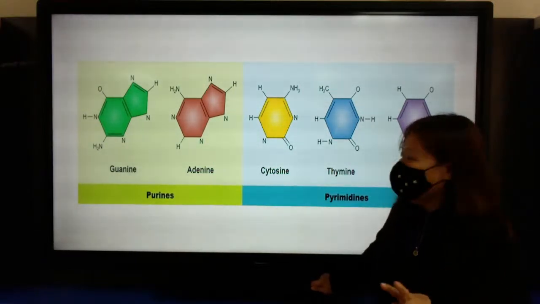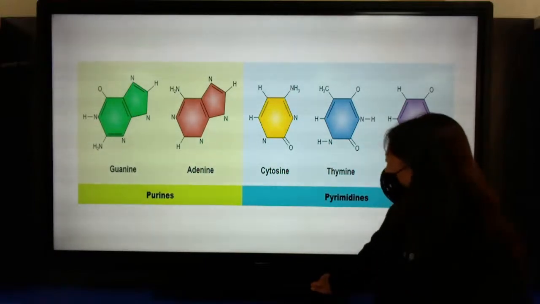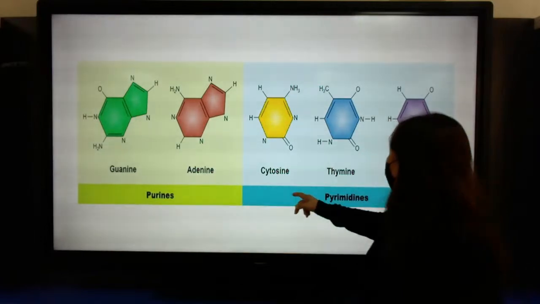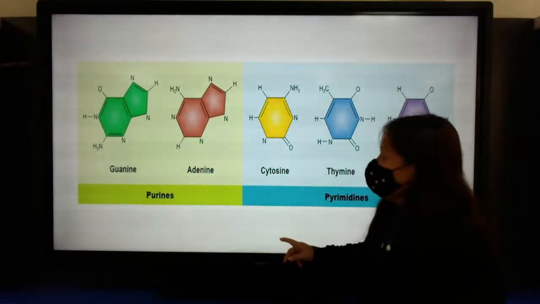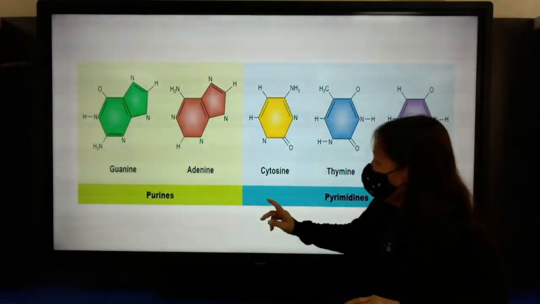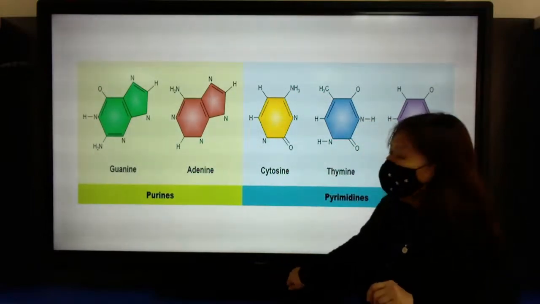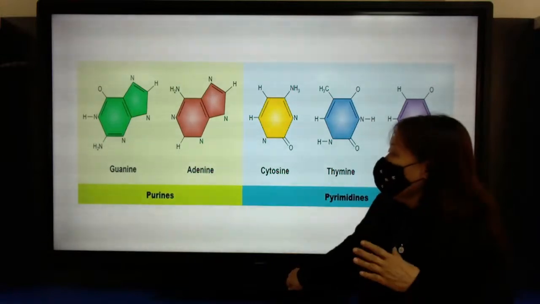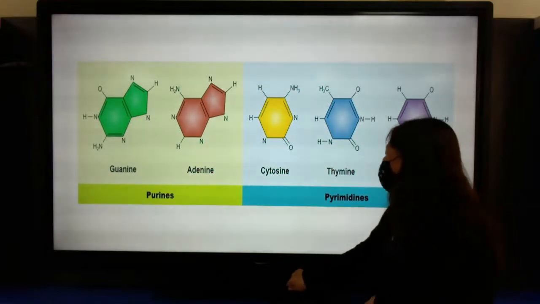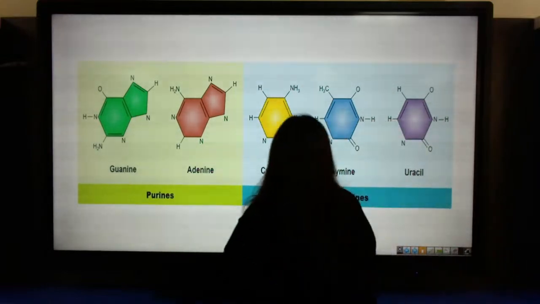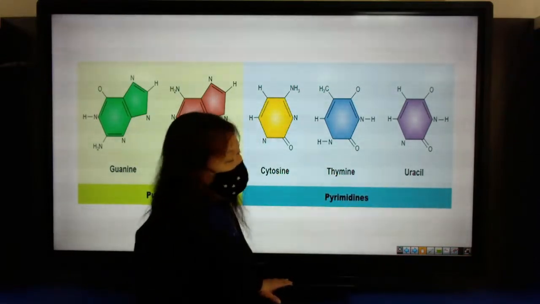Now, there are two classifications of bases. We have what we call purines and pyrimidines. Purines are classified because they have two circular structures. I will give you the details later. So the purines are guanine and adenine, and the pyrimidines are cytosine, thymine, and uracil.